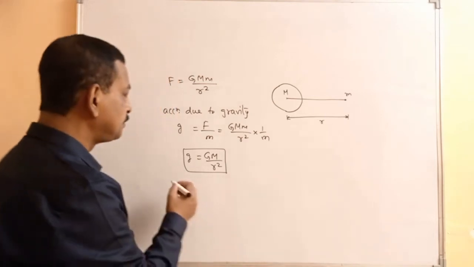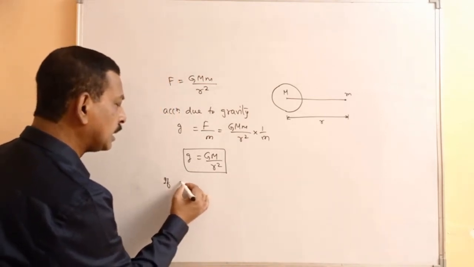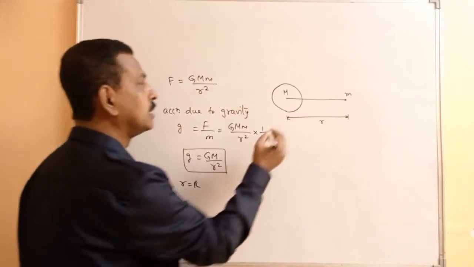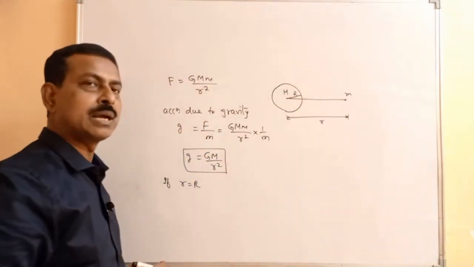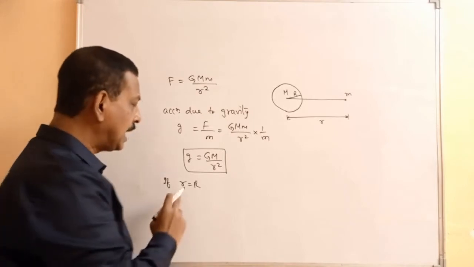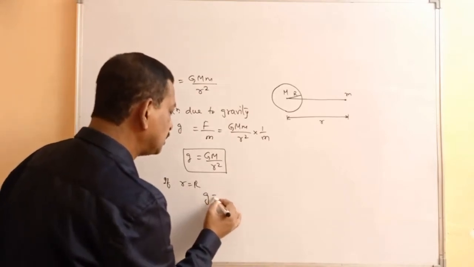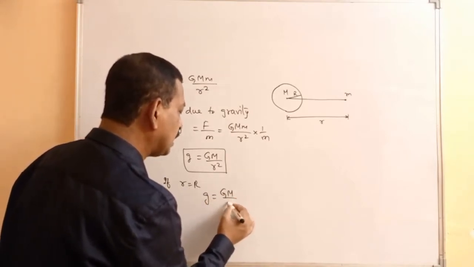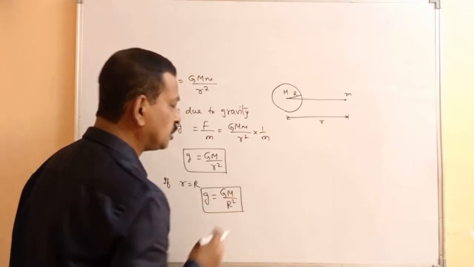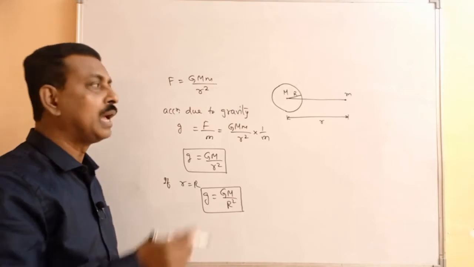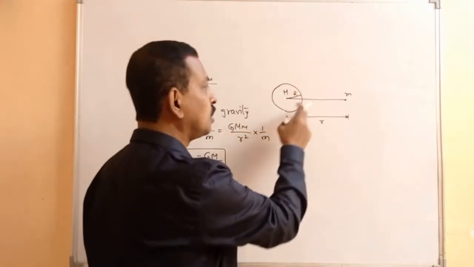If r is equal to capital R, that means we are taking the radius of the Earth as capital R. In that case, the value of g will be GM by R square. This is the expression for acceleration due to gravity acting at the surface of Earth.